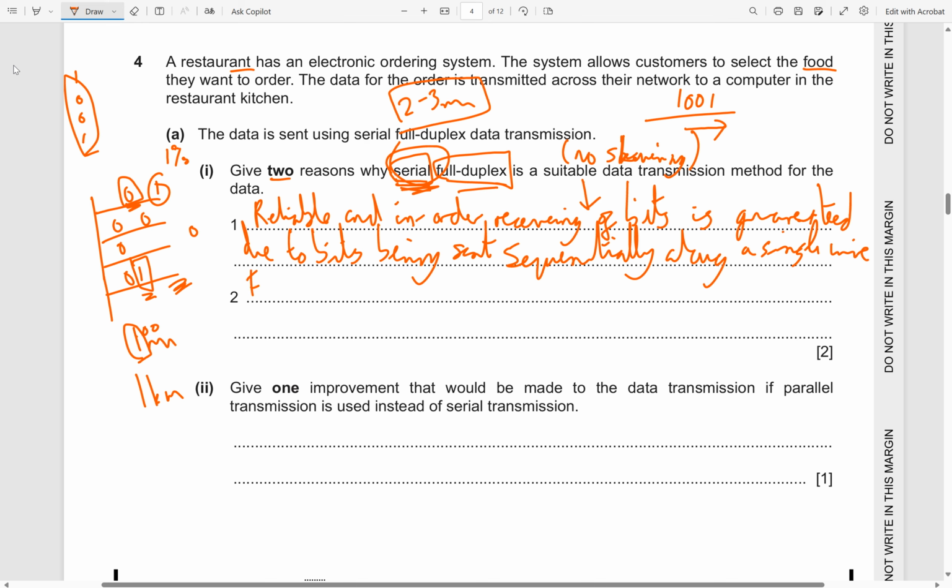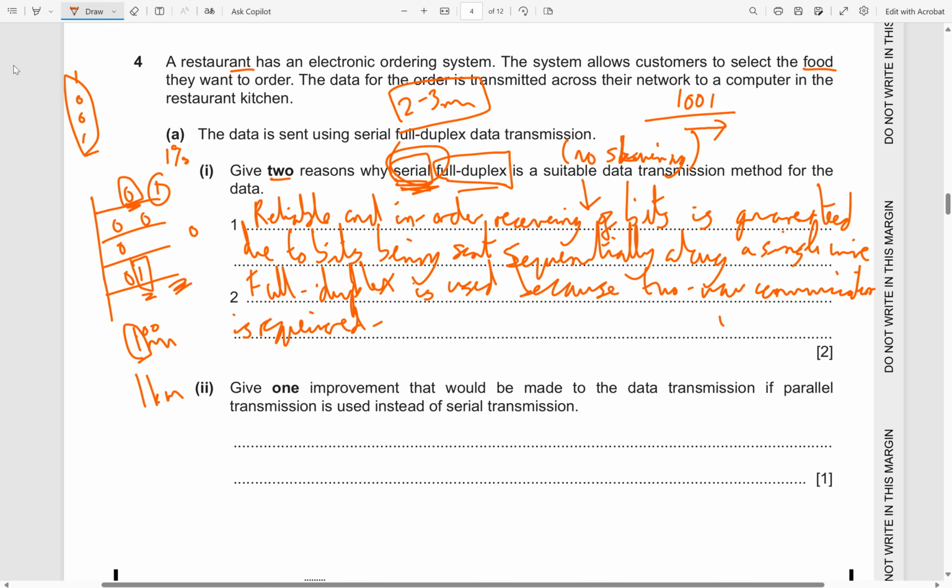Let's say full duplex is used because two-way communication is required.